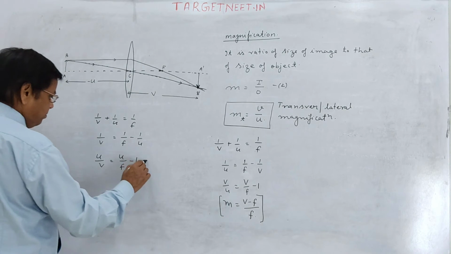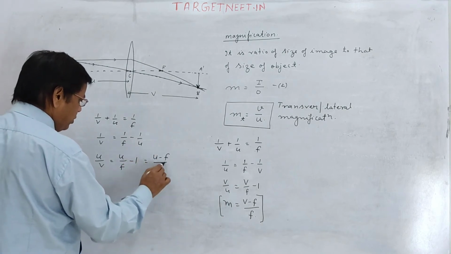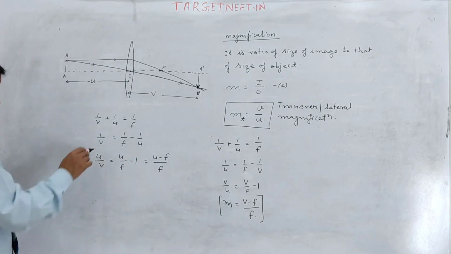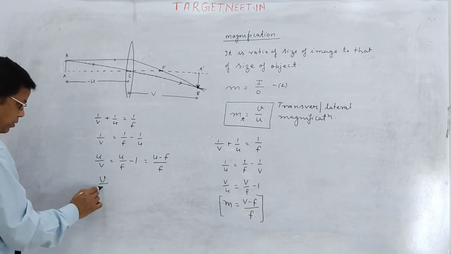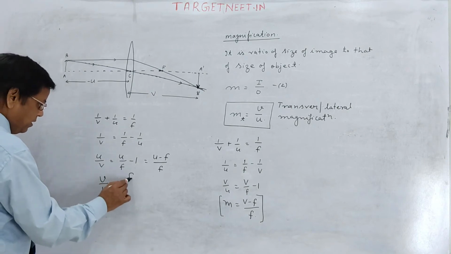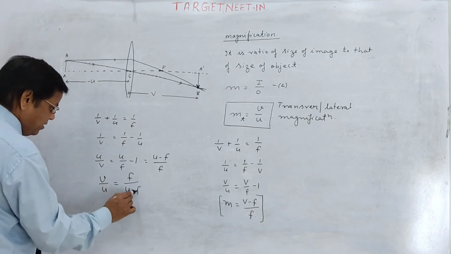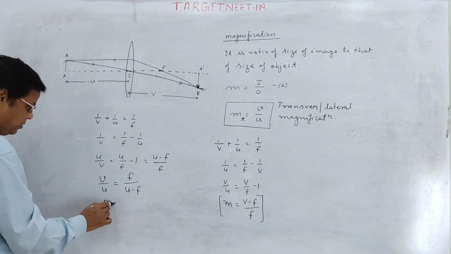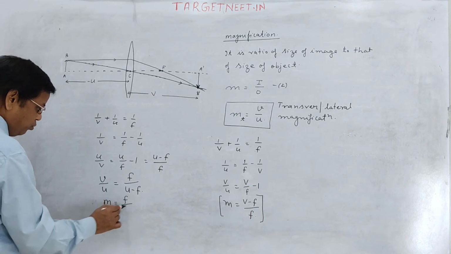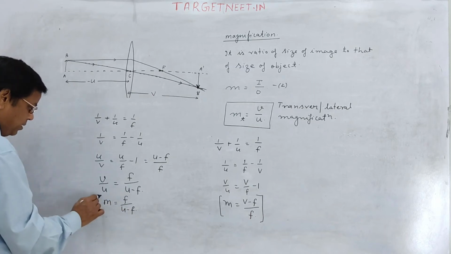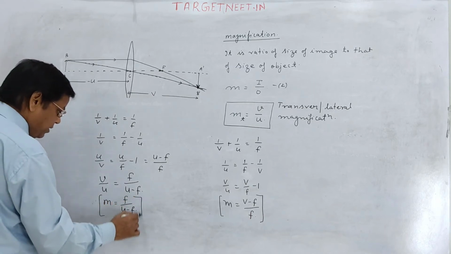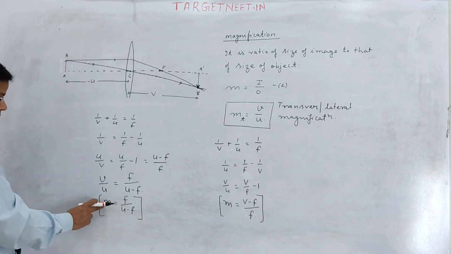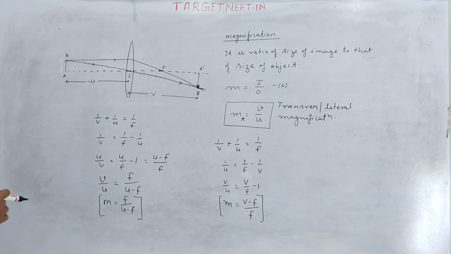Take LCM, it is U minus F upon F, reciprocated, V over U is F over U minus F, and this is M. So magnification is F upon U minus F. Here too you have to take the sign of M. I have taken the sign of U, but you have to take the sign of M whenever you use this formula.